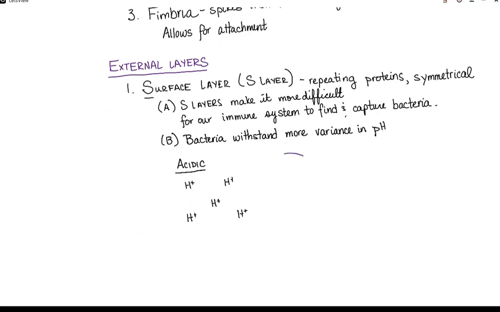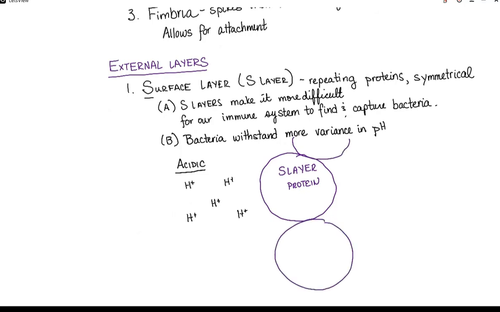So if this is your S layer protein, this is just one protein from the S layer. Remember, the entire S layer is going to be a whole series of these, like so. Then what will happen is they will actually suck up those extra H+. And of course, they'll be unraveled a little bit, but they were expendable.